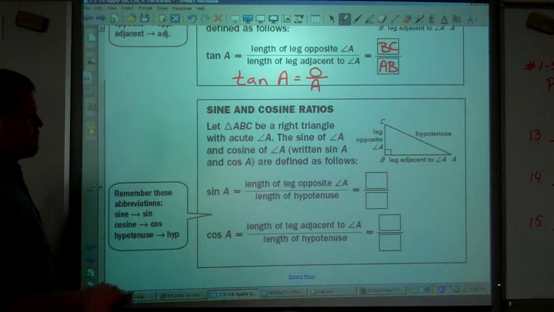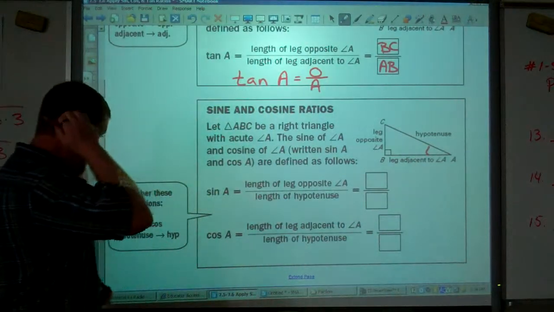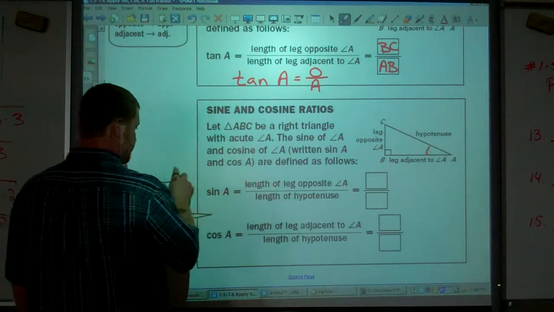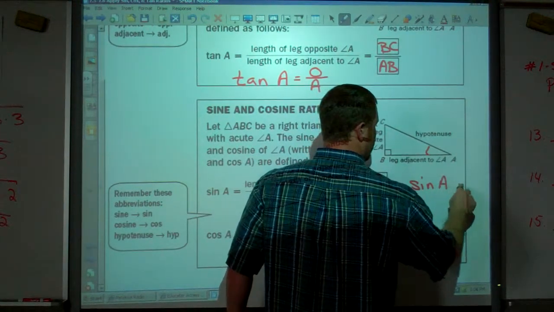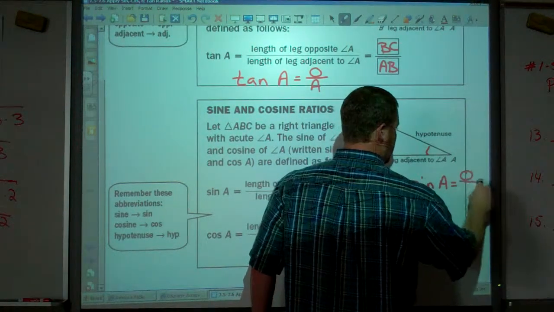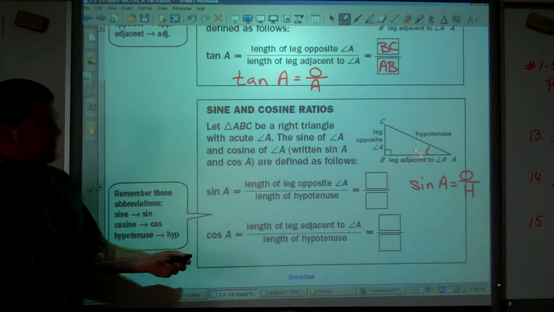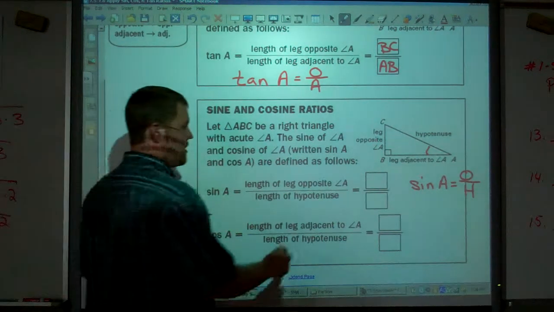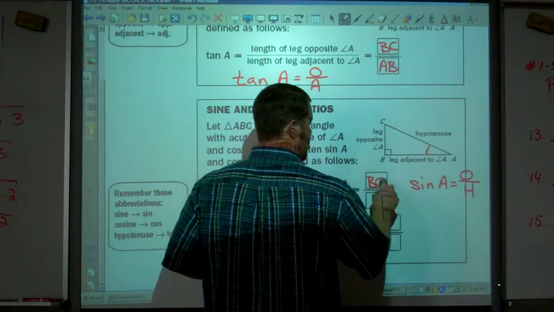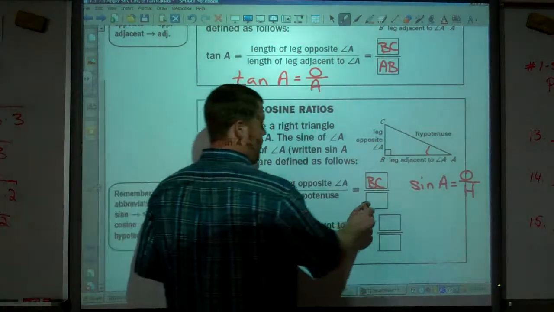Sine. Again, we're using the same triangle, looking at the same angle, angle A. The sine of angle A equals opposite over hypotenuse. So the sine of angle A is the length of the leg opposite angle A, BC, over the length of the hypotenuse, which is AC.